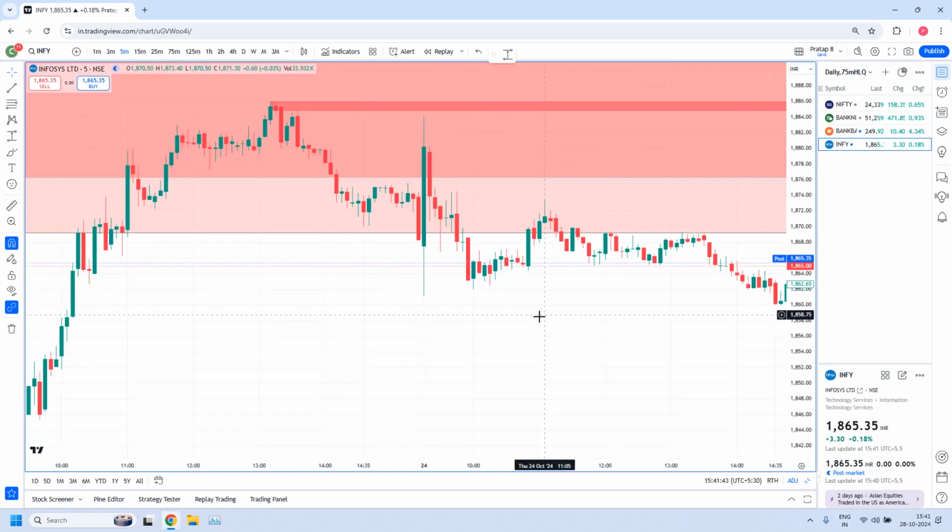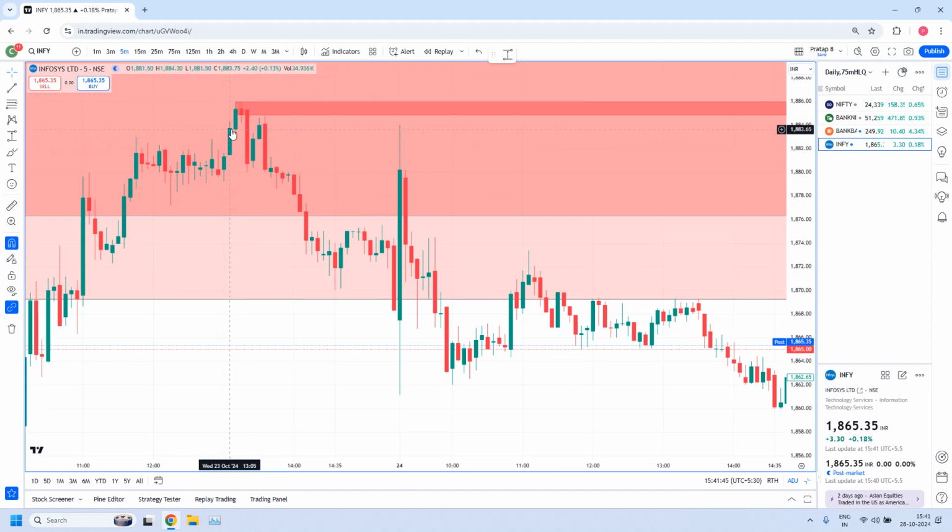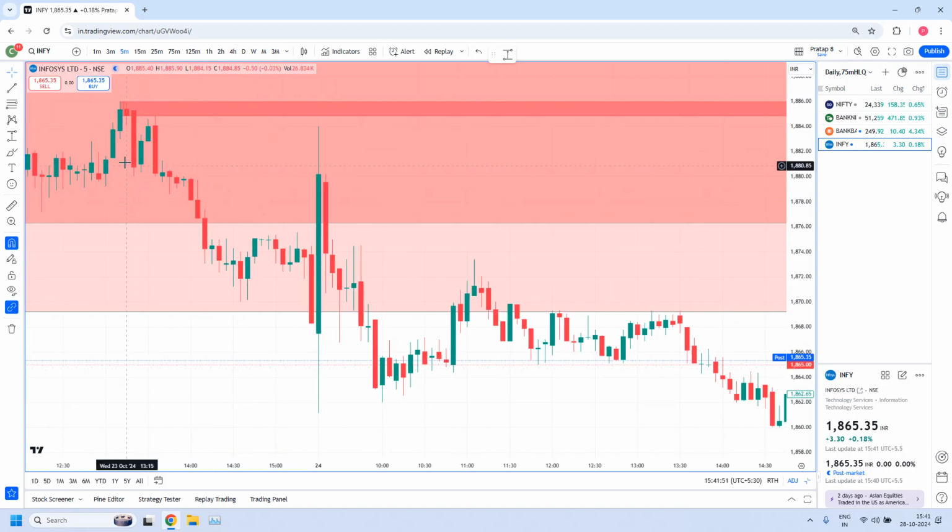But what happened? Institutions created a new rally base drop, the 5 minute zone. And on this one we can plan a trade. Price just touched the type 2 proximal and came down. But at the time of testing, again a rally base drop was created here, and this rally base drop picked up the orders from this area and prices came down.